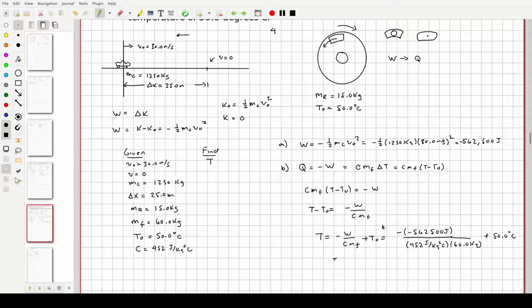And so, let's get my calculator here. Let's see. So, let's divide that by 452 times 60. And then I'm going to add in my 50 there. And I get 70.74 degrees Celsius.